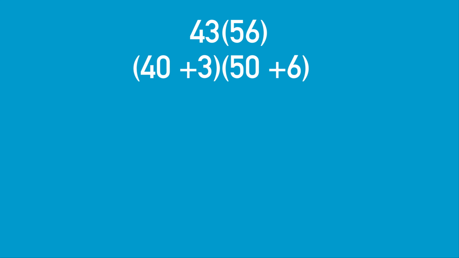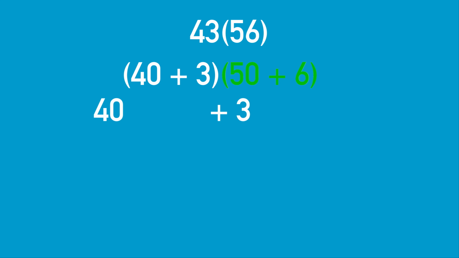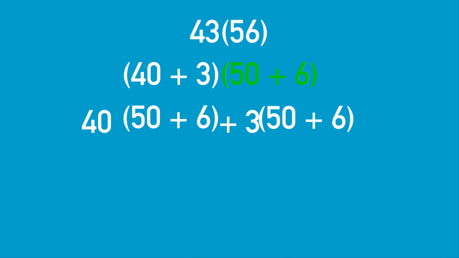If we are multiplying 2 two-digit numbers, we can follow a similar process. 43 times 56 is equivalent to the sum of 40 and 3 times the sum of 50 and 6. We will start by treating the second sum as our multiplier. So distributing the second sum, we get 40 times the sum of 50 and 6 plus 3 times the sum of 50 and 6.